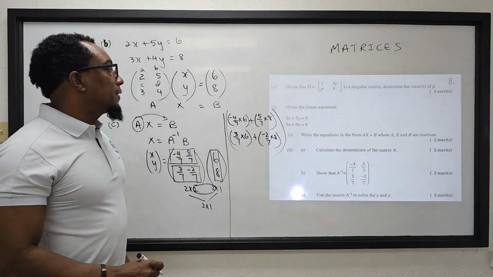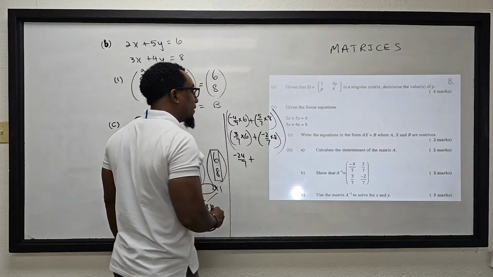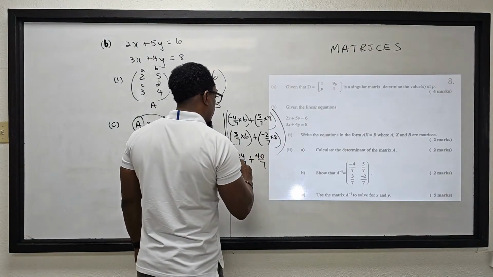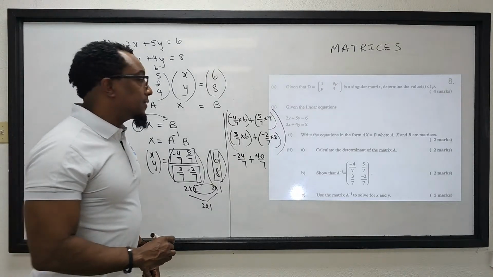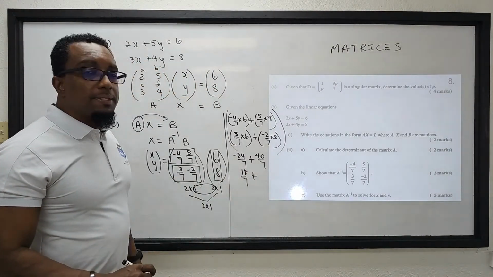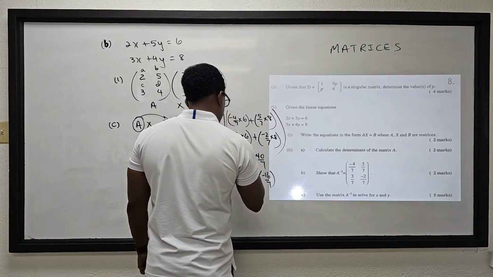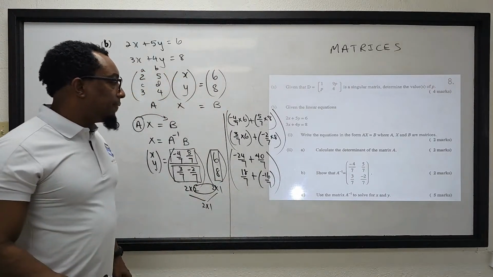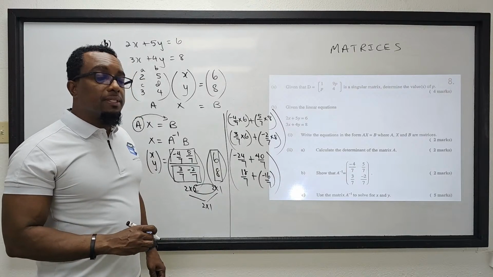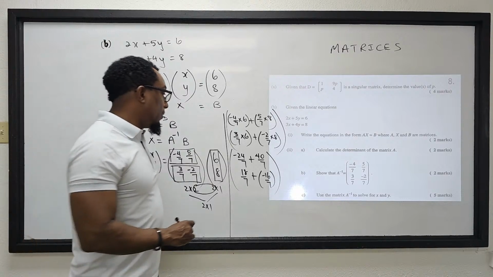That will simplify to negative 4 over 7 by 6 is negative 24 over 7, plus 5 over 7 by 8 is 40 over 7, and 3 over 7 by 6 is 18 over 7, plus negative 2 over 7 by 8 is negative 16 over 7. So we simplify that. When the denominators are the same, we can keep the denominators and work out what's in the numerator. Negative 24 plus 40 will give us positive 16 over 7.